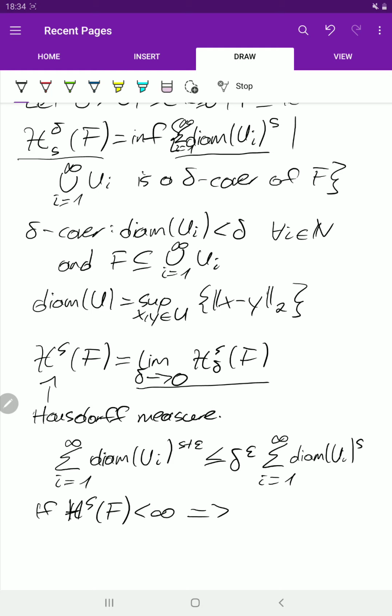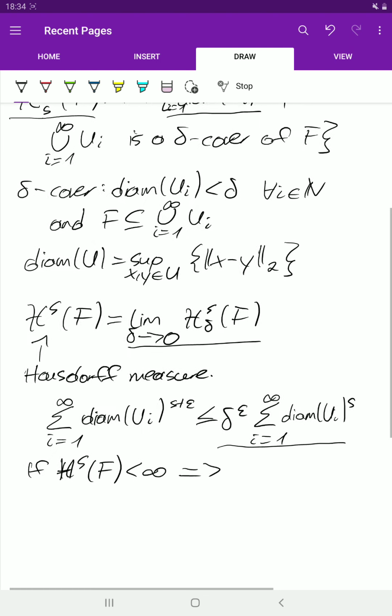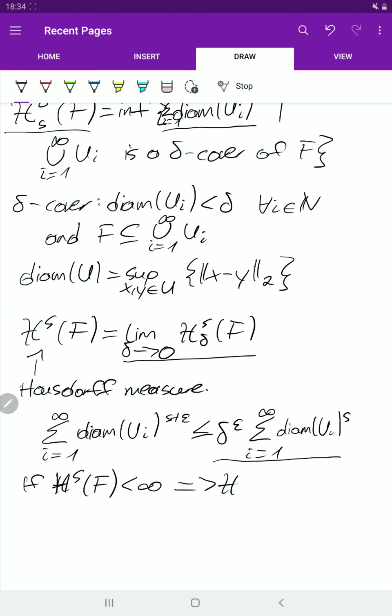And if the sum is finite, then this thing here converges to 0 for delta going to 0. So this means actually that the Hausdorff measure with parameter s plus epsilon is 0.